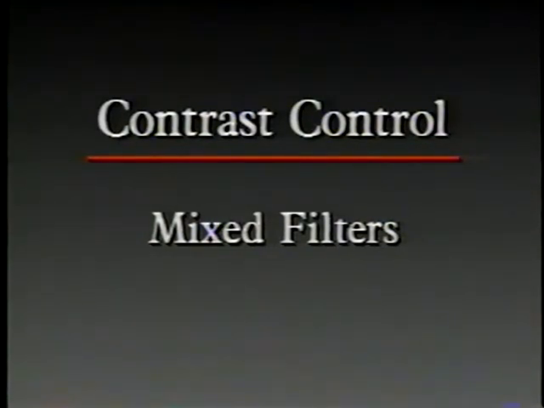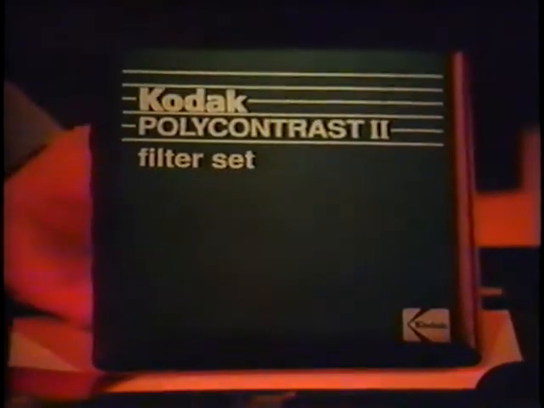Because of polycontrast paper's unique construction, we can do some things in the darkroom that we could not do otherwise. And that is that we can change the contrast of certain areas of the print because there's a double layer of emulsion. For example, let's take the typical landscape shot. If we had a scene with a horizon line and a very high contrasty sky, we could put in a yellow filter across the top.